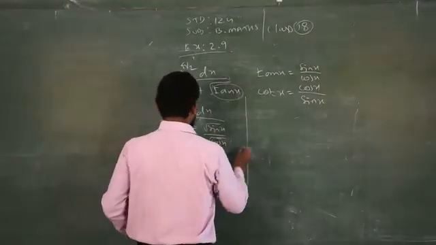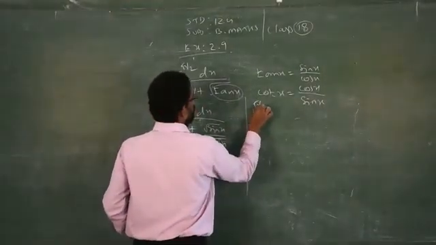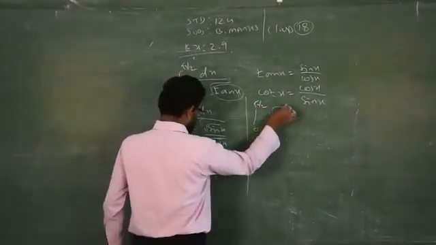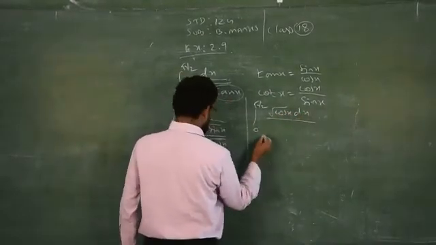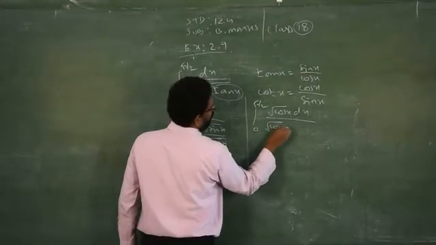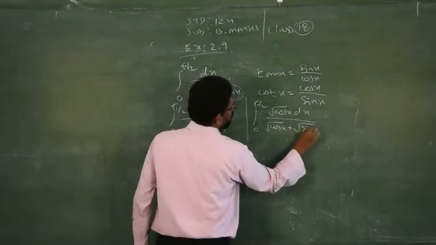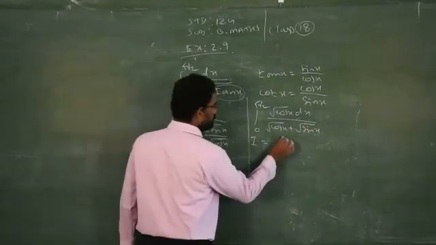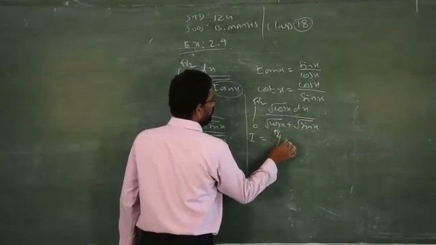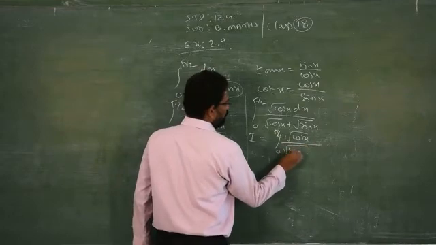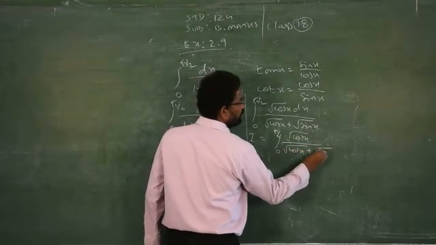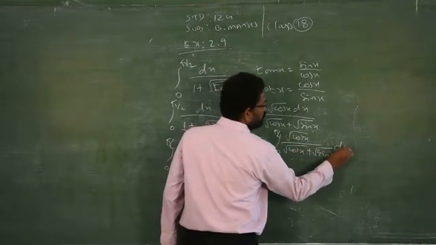Based on the concept, I will get the integral from 0 to pi by 2 of square root of cos x by square root of cos x plus square root of sin x into dx.